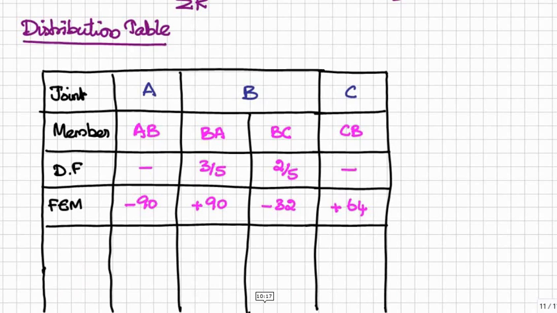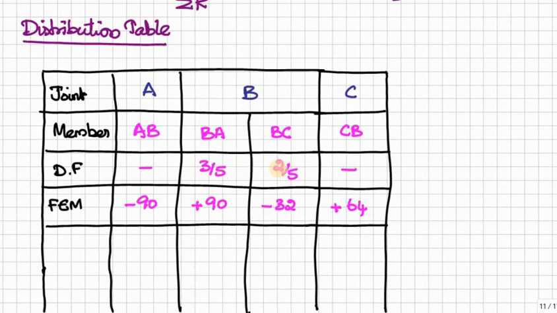Therefore, we have to apply minus 58, that is opposite sense, so that we will get now zero net moment. That minus 58 moment at joint B to be distributed to all the members meeting at that joint B as per the distribution factors.